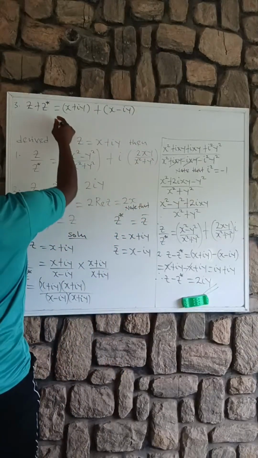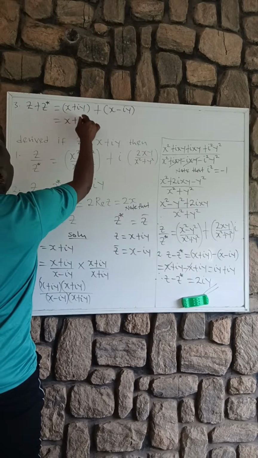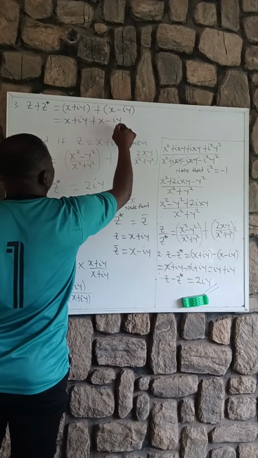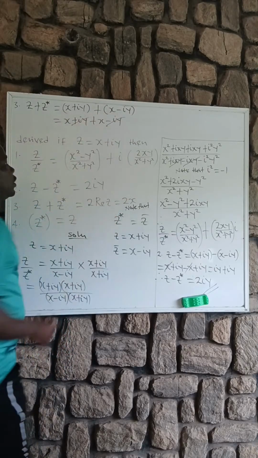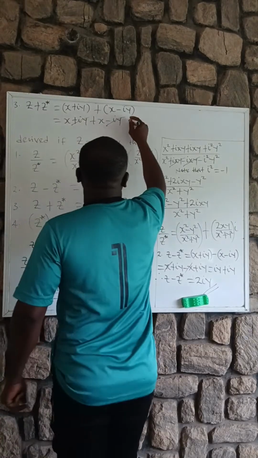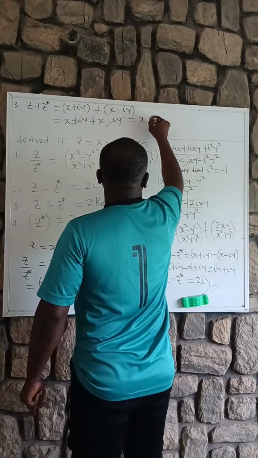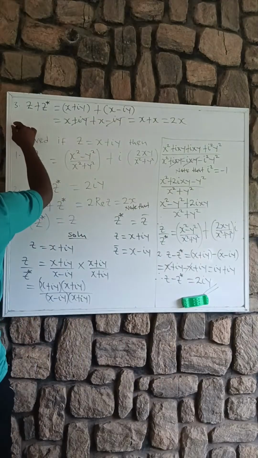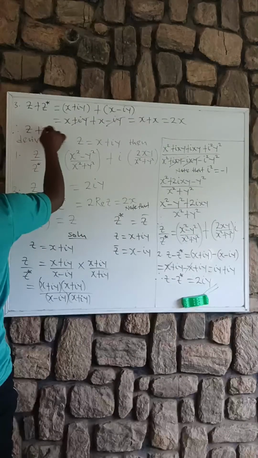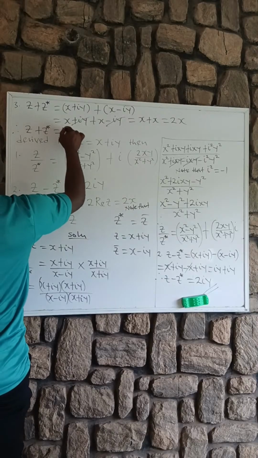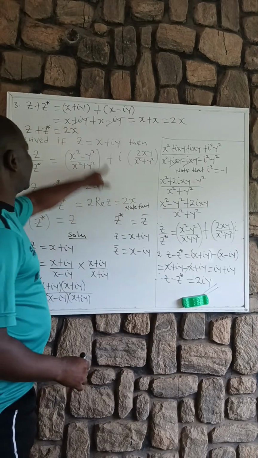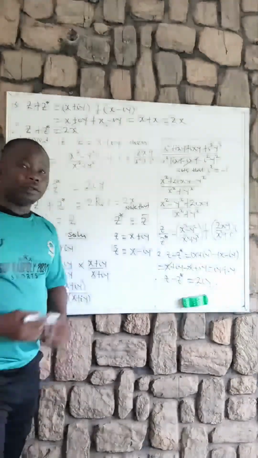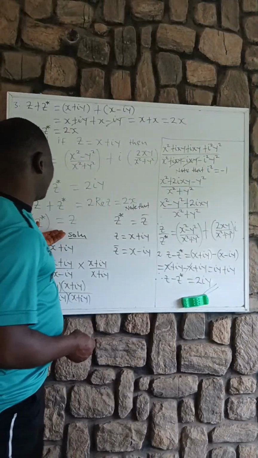So we have x plus iy plus, open bracket, x minus iy. It means this and this will cancel. So this is equal to x plus x, which is equal to 2x. Therefore z plus z star is equal to 2x. Can you see that it's the same thing as this? This is the same thing as 2 times the real part of z. So the last one, you can do it.